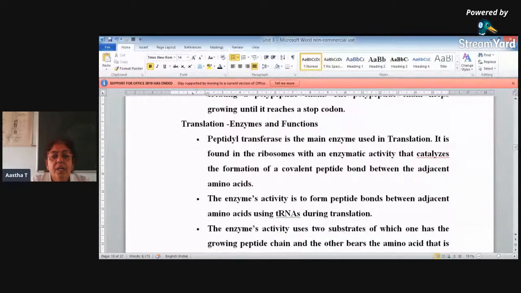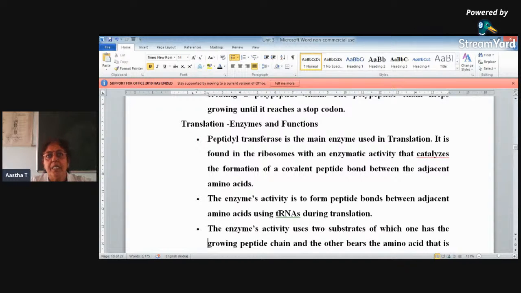The enzymes and their role in translation. Peptidyl transferase is the main enzyme which is involved in the process of translation. It is found in the ribosomes and it helps in the formation of a covalent peptide bond between two adjacent amino acids.